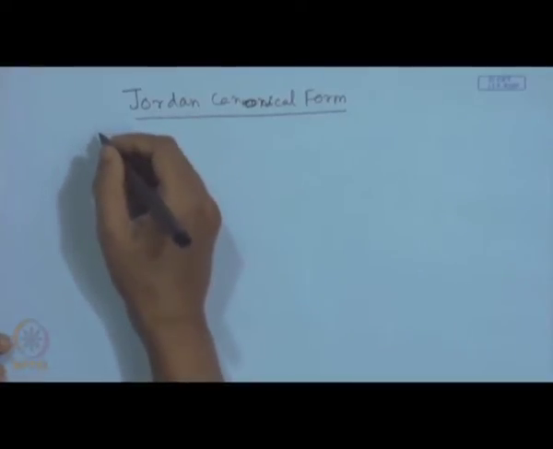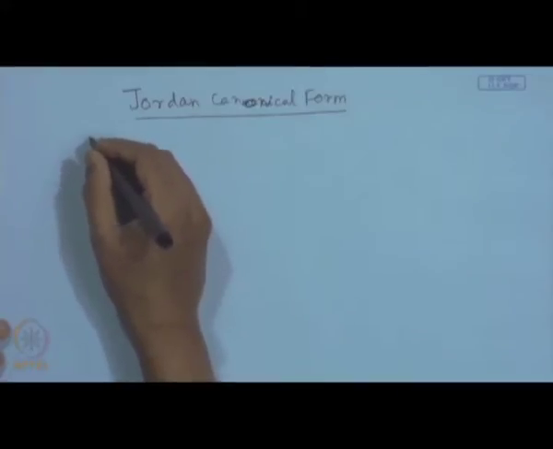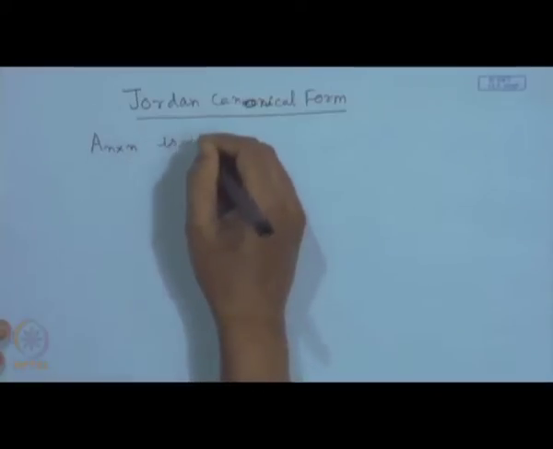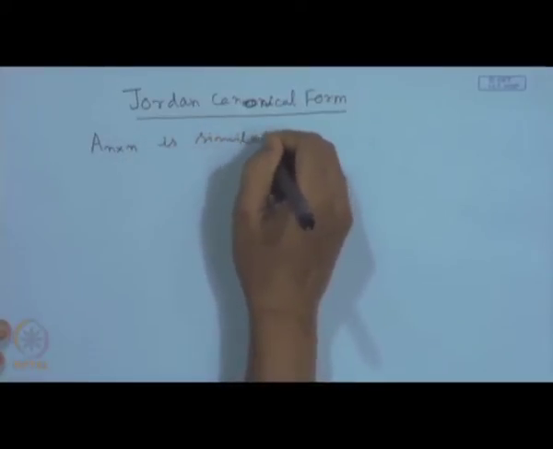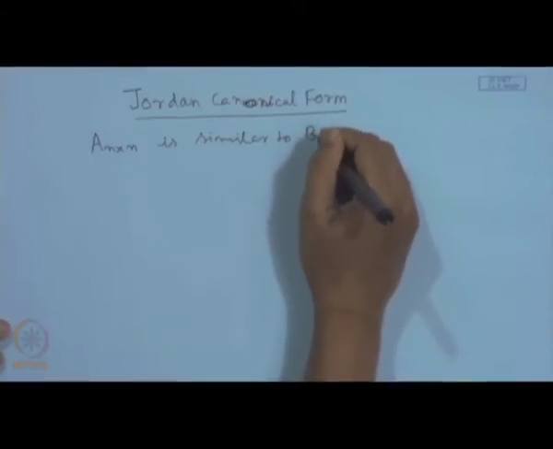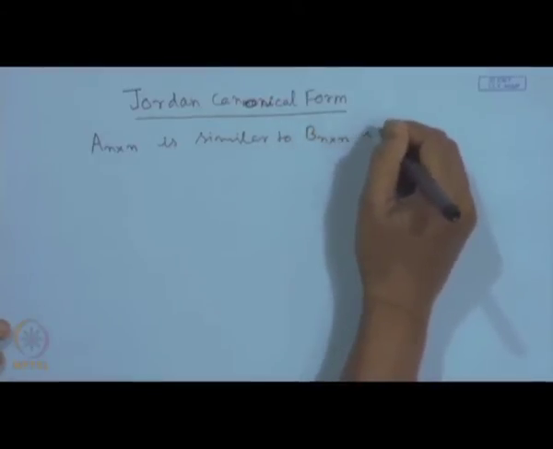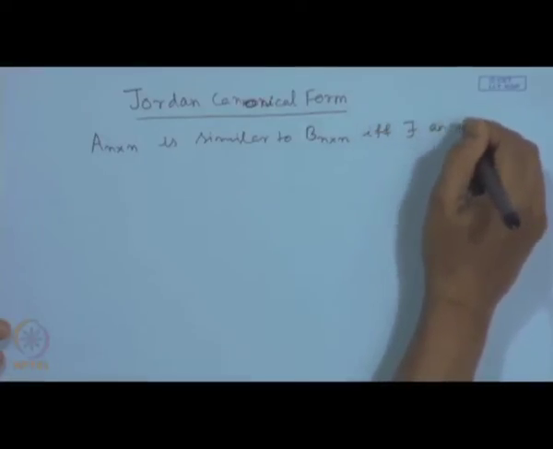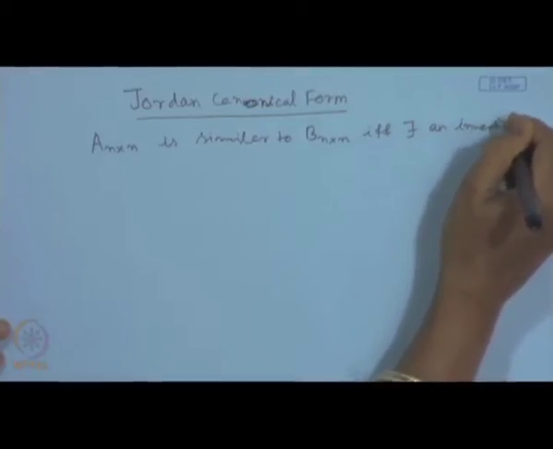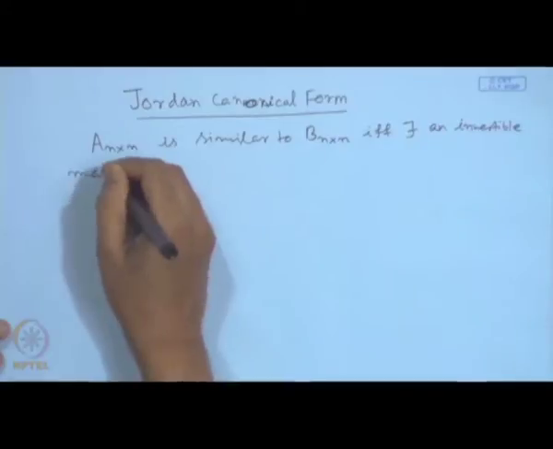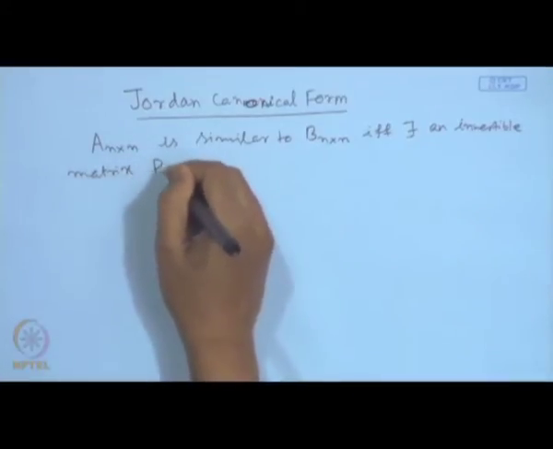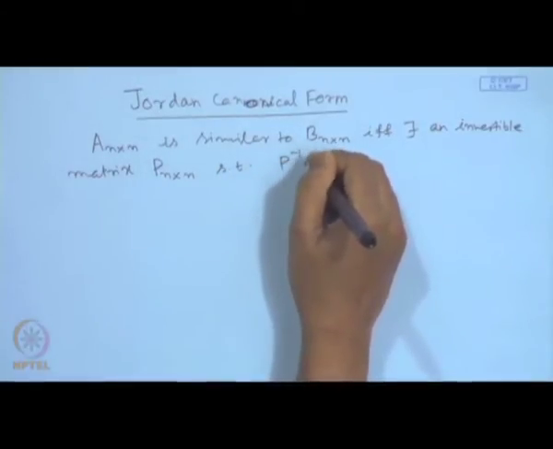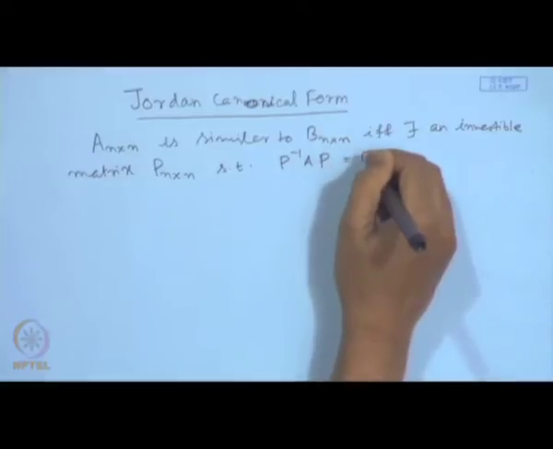Remember that a square matrix A of size n by n is similar to a matrix B of size n by n if and only if there exists an invertible matrix P of size n by n such that P inverse A P is equal to B.